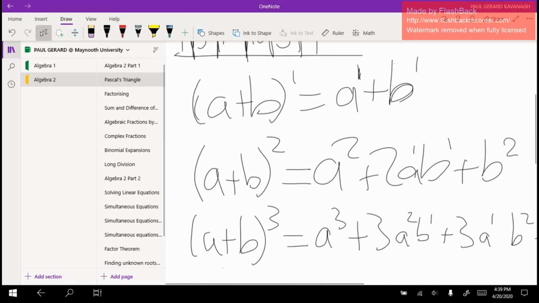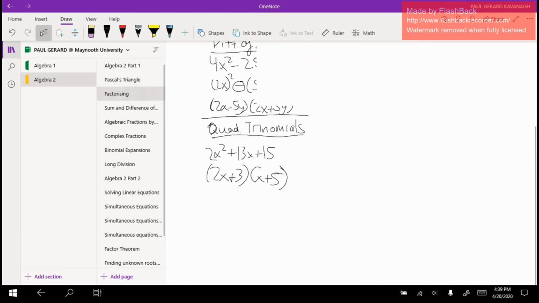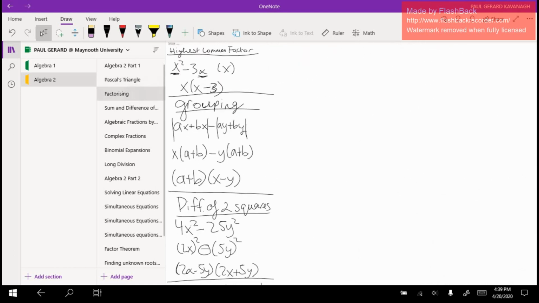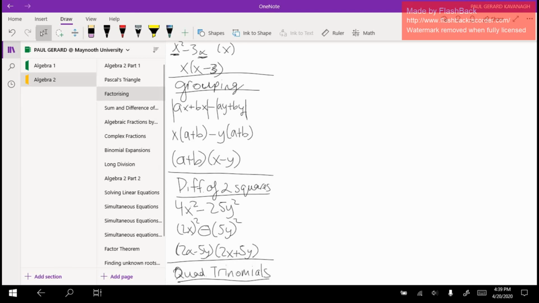Then we went on to factorizing. There are 4 types. You have your highest common factor, where you find out what's common in each. You take it out, and you make one whole expression into 2 multiplying terms. Then we went through grouping.